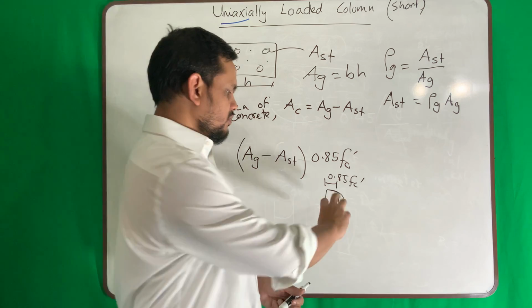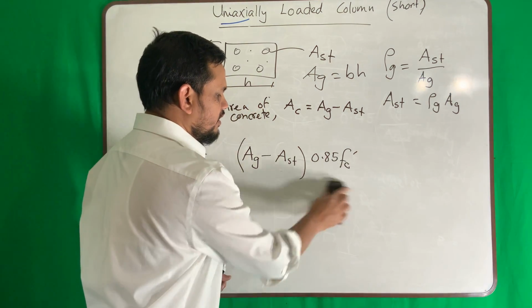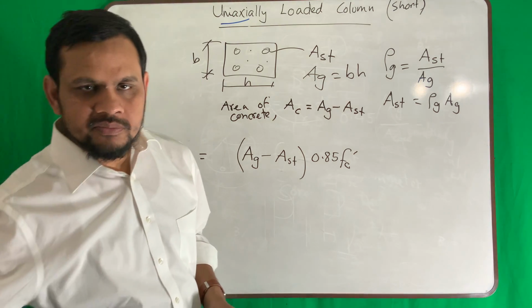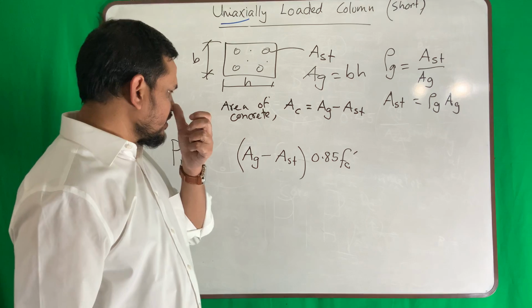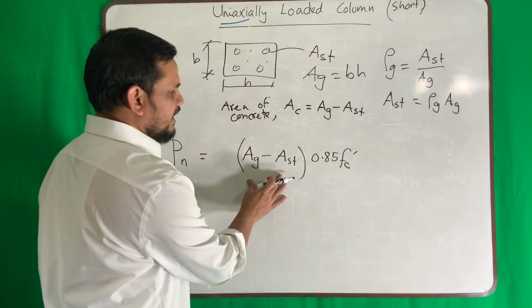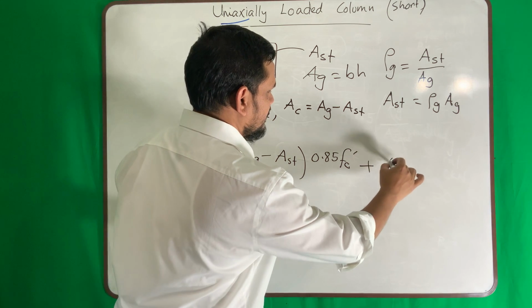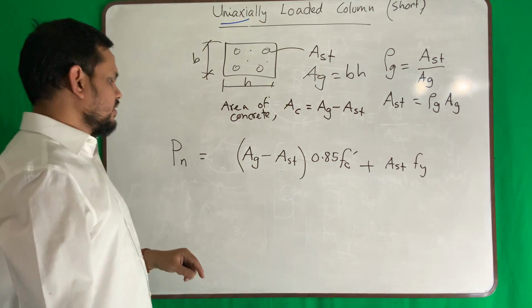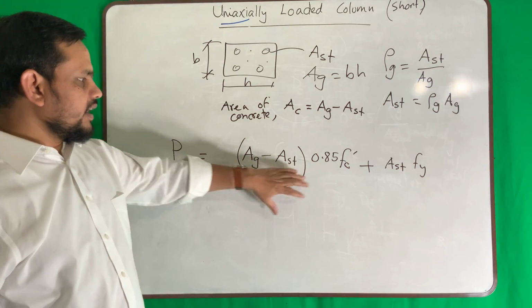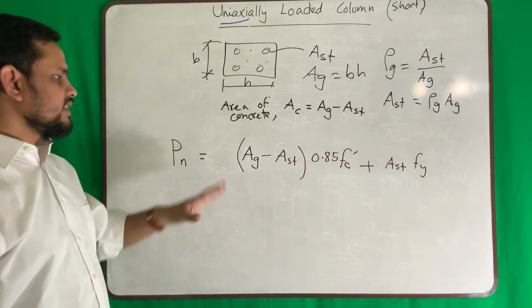We consider 85% of the ultimate strength as my failure stress in the concrete. Okay, so area times stress is force, then my steel area times yield stress. Area times stress is load. So my total load is this.